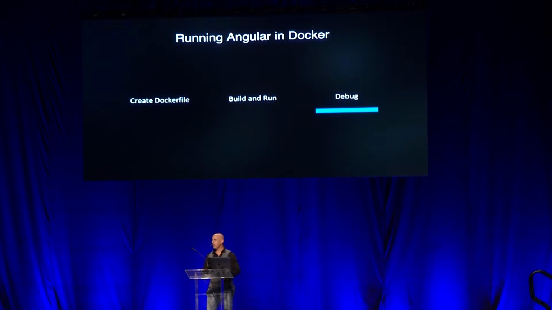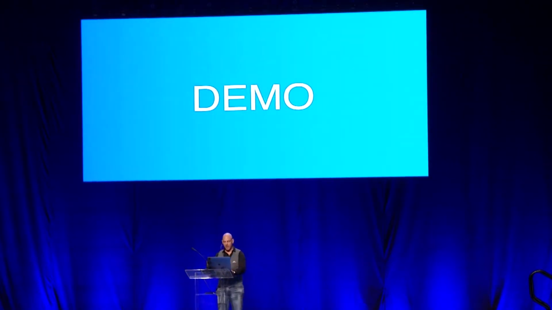And the way I feel better about Docker is if I can get my app to run and I can check logs and I can debug it locally and I can do everything I could normally do just as if it wasn't in Docker on my local machine, and it does not disrupt my dev debug cycle, then I'm going to go for it. So let's take a look at how this works.